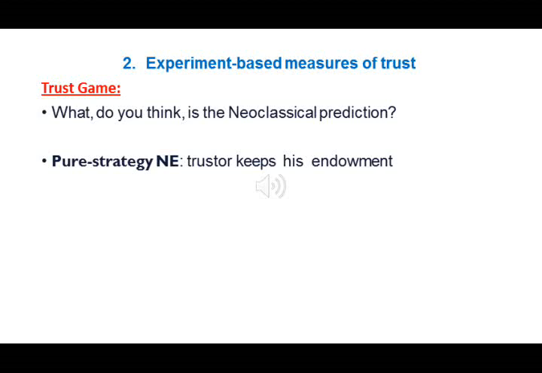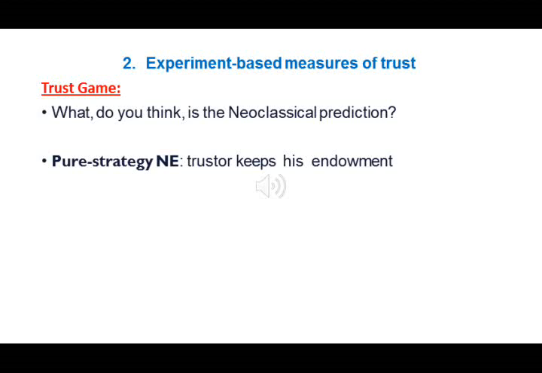So better send 0 from the beginning. So the pure strategy Nash equilibrium, according to the neoclassical prediction, is that the trustor keeps his endowment and sends nothing to the other player.